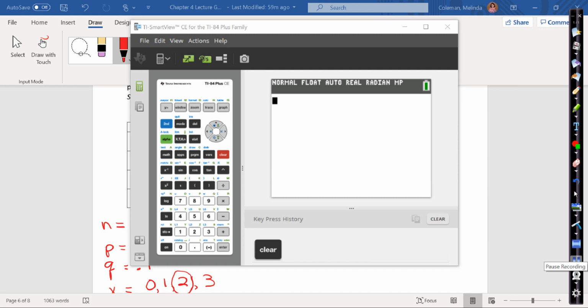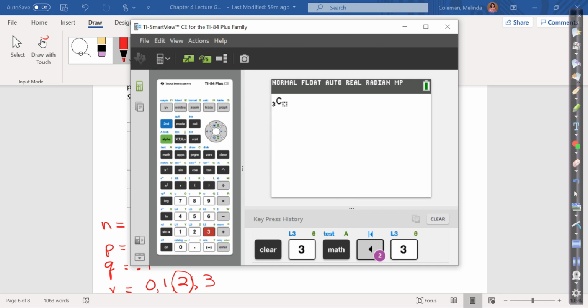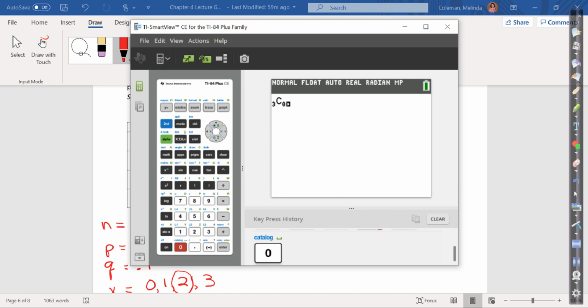So again, to use my combination key, I have to type in the 3 first, then math, tab over to the probability, number 3 to get my combination key. We're taking 0 things at a time. Times, so parentheses, the 0.9 raised to the 0 power first.